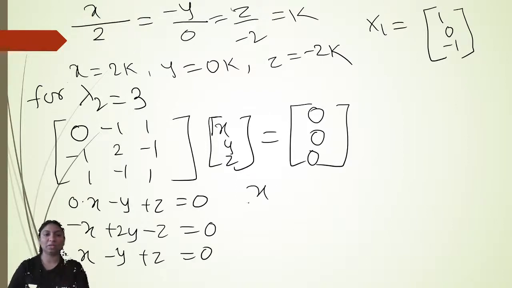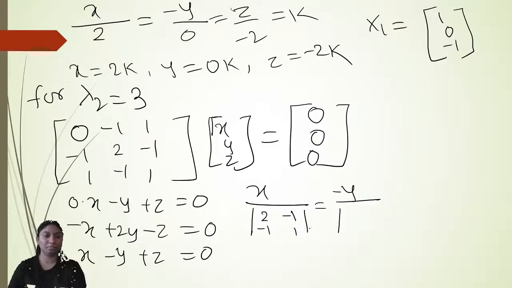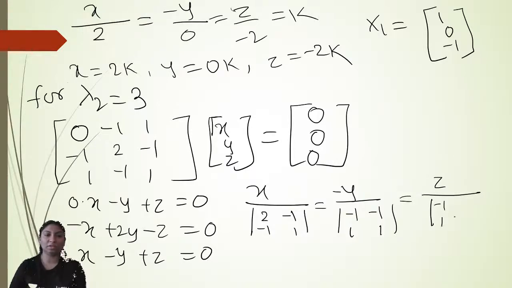Okay, so by using Cramer's rule, x upon the determinant of 2, minus 1, minus 1, 1, is equal to minus y upon minus 1, 1, minus 1, 1, is equal to z upon the determinant of minus 1, 1, 2, minus 1, is equal to k.